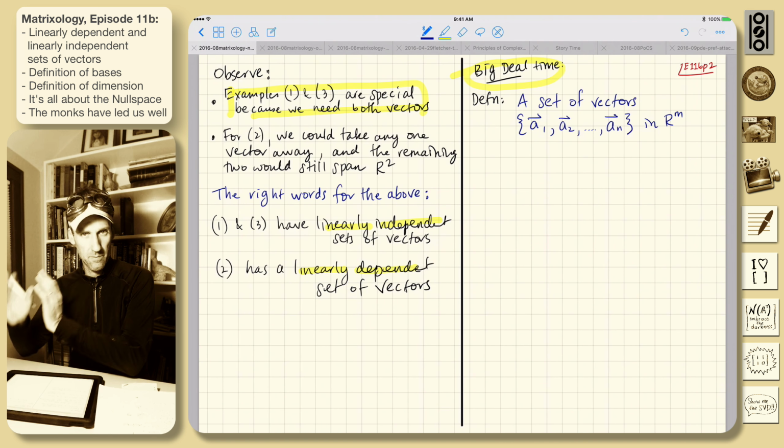For generality, we'll just say we're in some m-dimensional space. We have n vectors. We've had a lot of m's and n's.